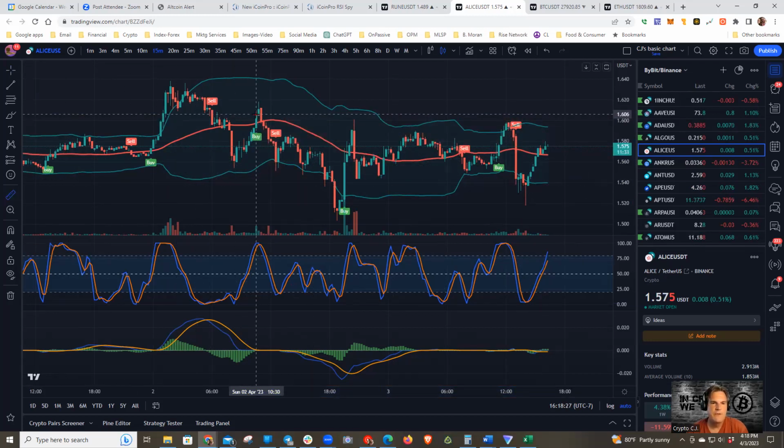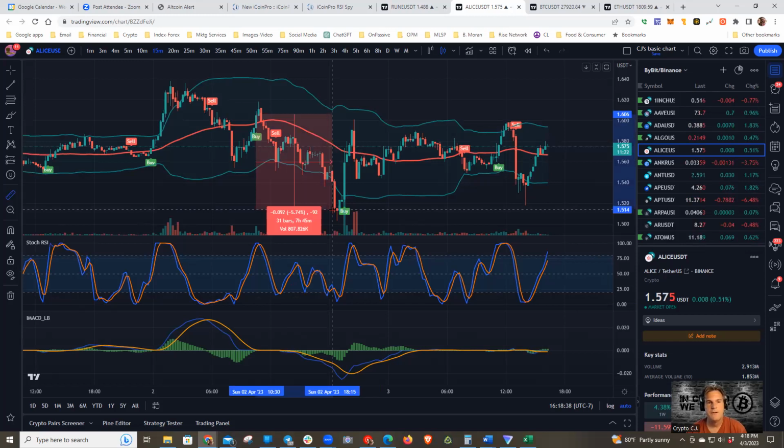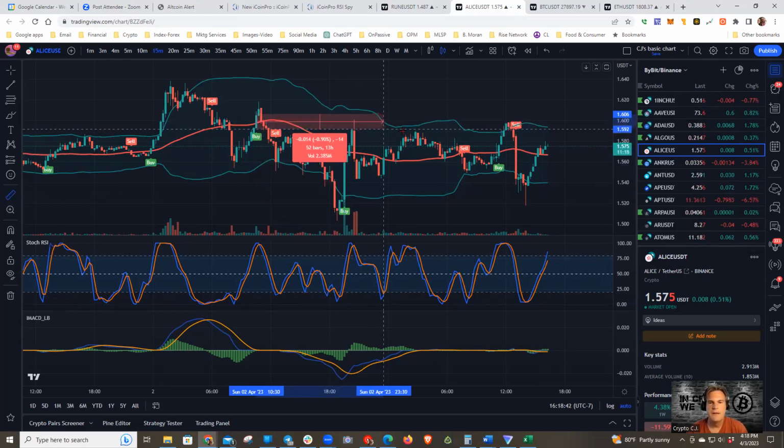But what I would have done with this scenario is probably around this 5% area I would have bought in again. So I would have had that initial trade and then the secondary one, and probably would have gotten out around here.